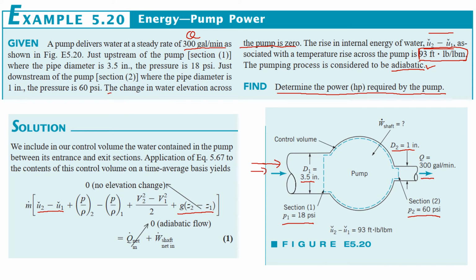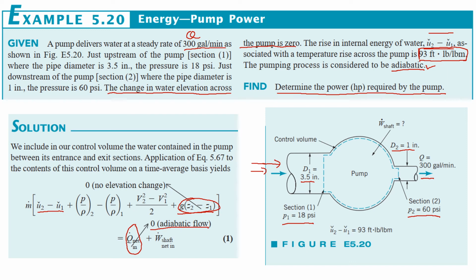As they said, the change in water elevation across the pump is 0. So this term Z2 minus Z1 will be equated to 0 because there is no transfer of energy due to change in height. So these terms in the control surface integral will be equated to 0, and since the pump process is considered adiabatic, the net rate of heat transfer is also 0. So this is what our energy equation will look like now.